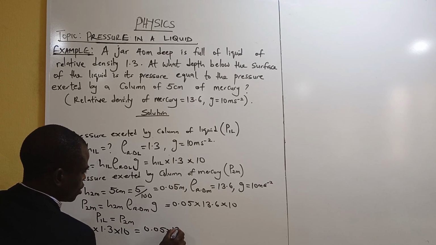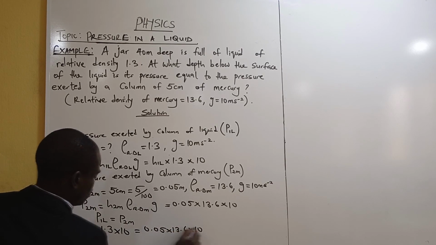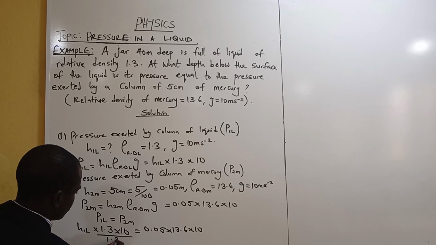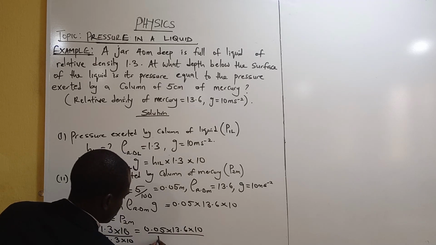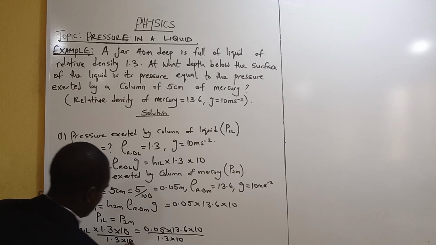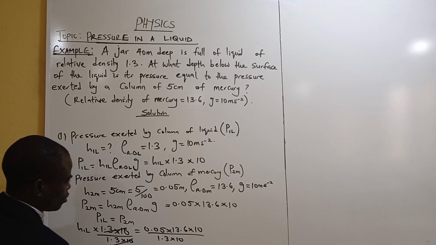0.05 times 13.6 times 10. Divide both sides by 1.3 times 10; the 1.3 times 10 cancel each other.